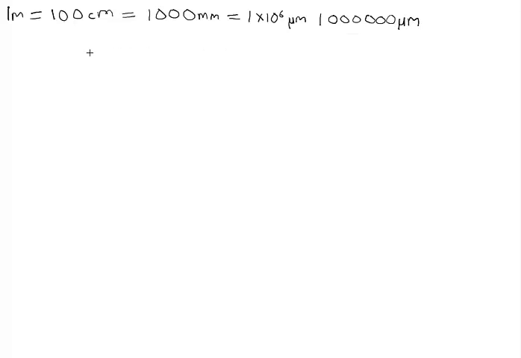Now, if we take our 100 centimeters, that is going to be equal to the 1 with 6 noughts. And then what we can do is we can cancel them.